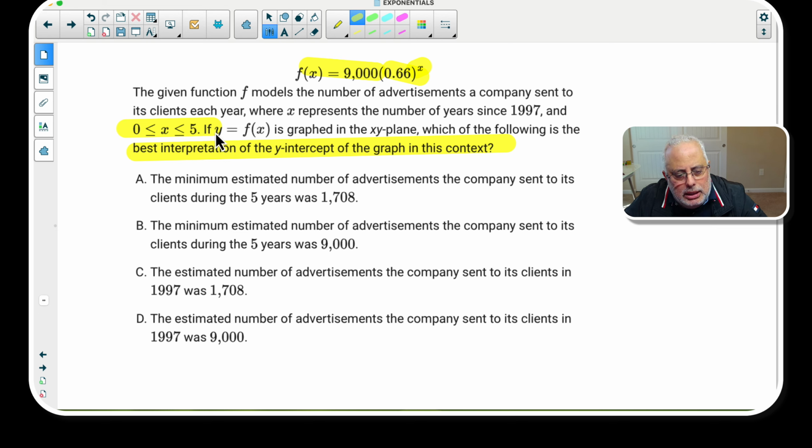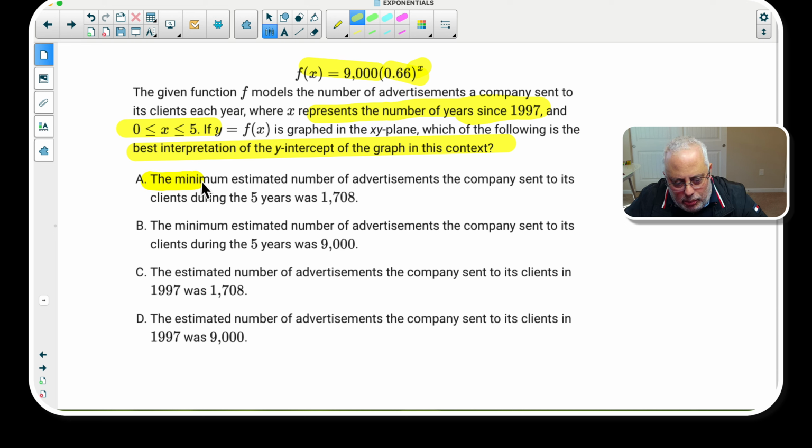So x represents the number of years since 1997, but 0 is part of the domain. So what is the meaning here? Remember our answer was 9,000 after evaluating the function for x equals 0.